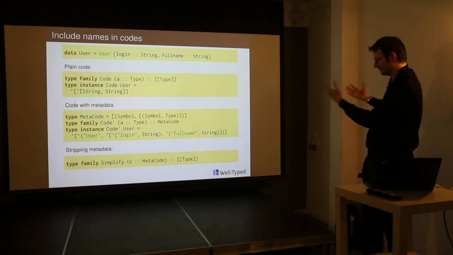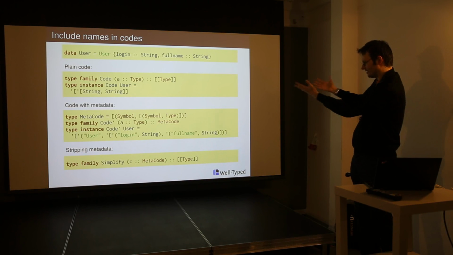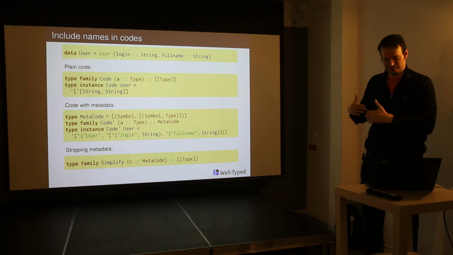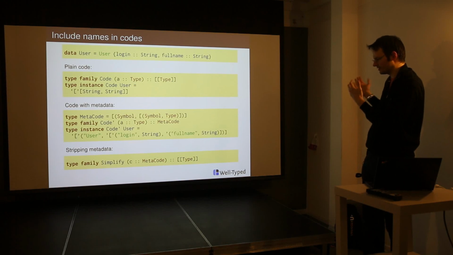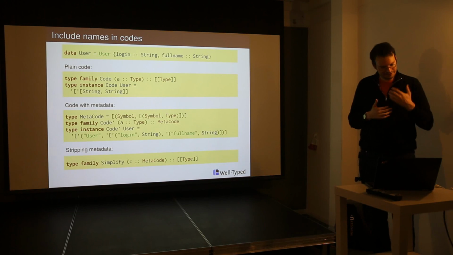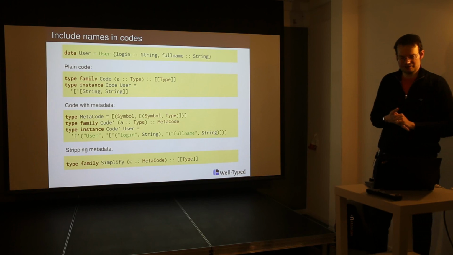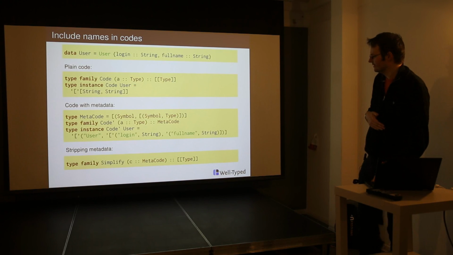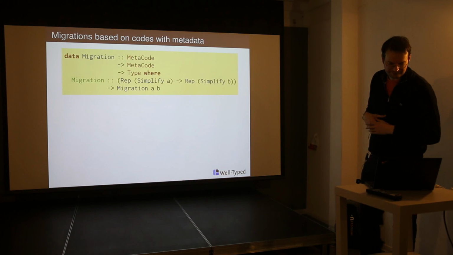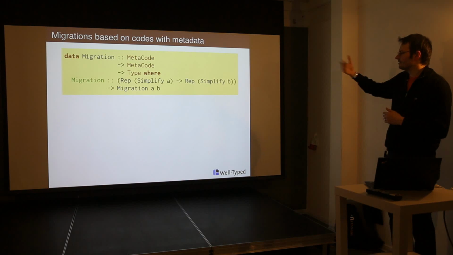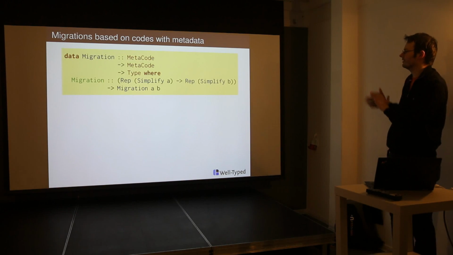At the moment, the library won't derive the meta code for you automatically. At the moment, you have to write this one by hand, which kind of defeats the purpose, but it would be easy to change the library to give you the meta code instead. And then you can refine migrations to work on meta codes rather than on original codes.